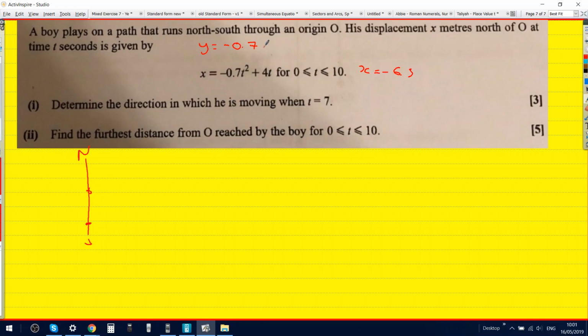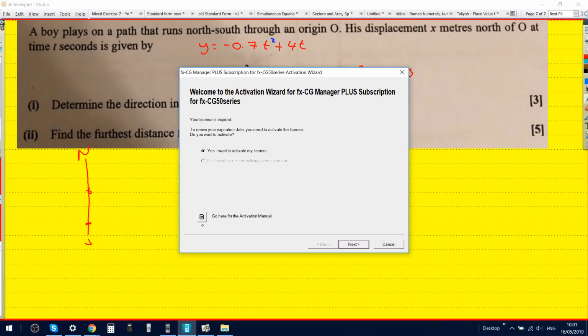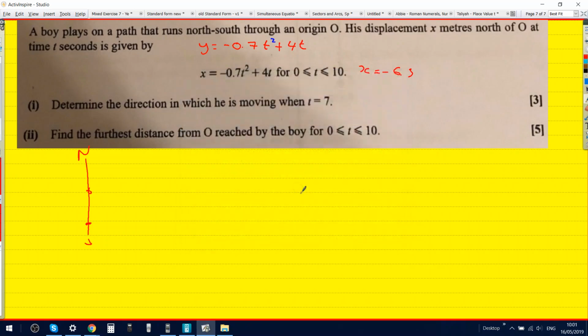Could you do it on the calculator? Do you have a graphical calculator?